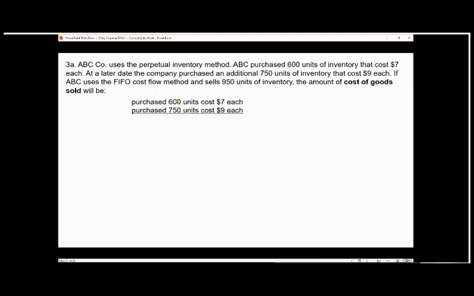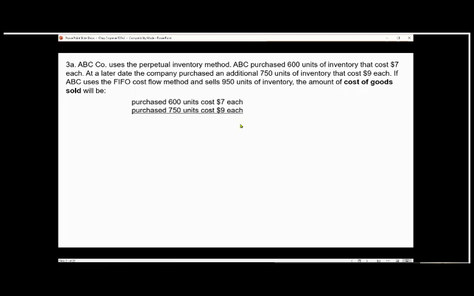We sold all of these. Now we're going to sell a total of 950. So we sold all 600 of these. And how many of these 750 units that we purchased, how many of these did we sell? 350. So we sold all these 600 units, and we sold 350 of these that cost $9. So that's the answer.